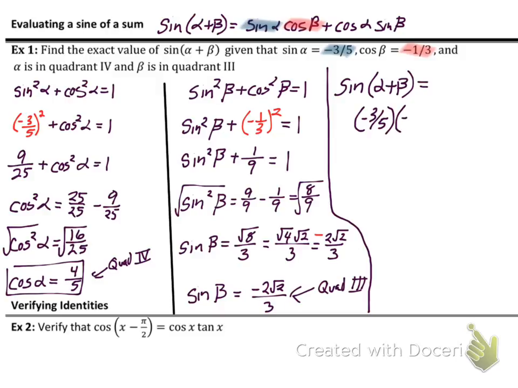Cosine beta is negative 1/3 plus our cosine alpha, well, that was 4/5. And finally, our sine beta, well, I didn't circle it, but our sine beta is that negative 2 square root of 2/3.